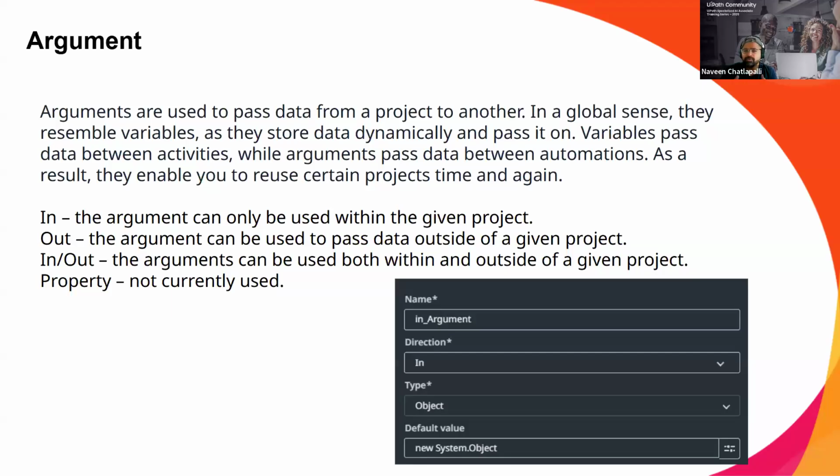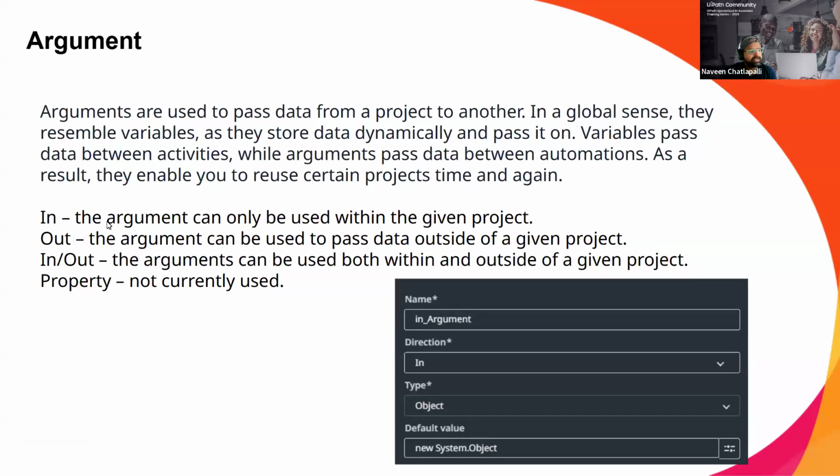An argument is something which you can handle within a workflow. If you want to get an output value outside of your automation, then you will be using an output argument. If you want to pass some values inside your automation, then you will be using an input argument. So that is the type of arguments here.